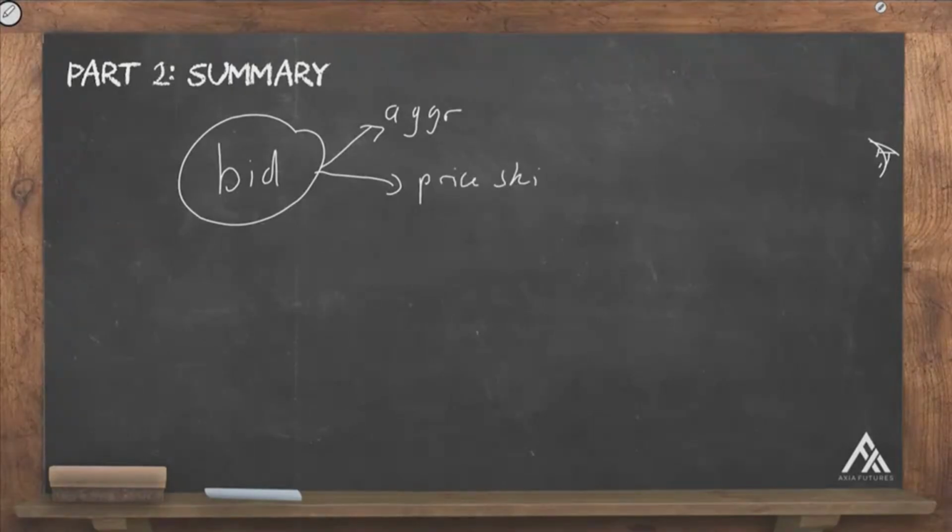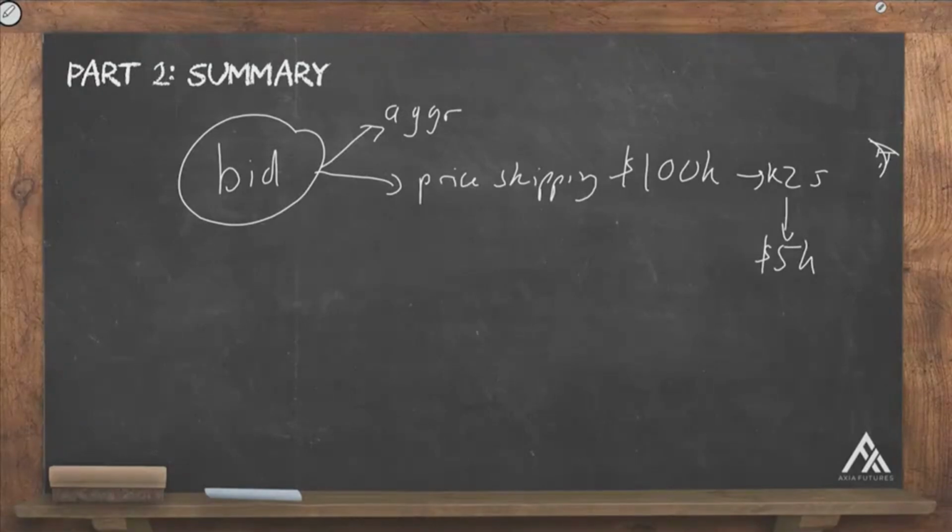So what do I mean by price skipping? Well, if you have increments of, say, $100,000, and then suddenly you go to $25,000 increments, and then you suddenly go to $5,000 increments, every time these increments reduce, that is showing you the strength or the momentum in the auction. We also spoke about how we had a dropout.